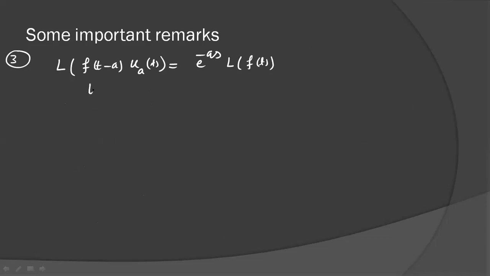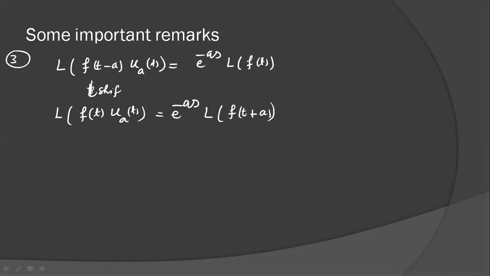What we want to say is, if we shift t minus a to f(t), we are going to change in f(t) only, not any other term. So it will become u_a(t). I have given the value t minus a by t, or t minus a some variable b here. So it will become e to the power minus as Laplace of f(t plus a). I have shifted f(t) from t minus a to t.